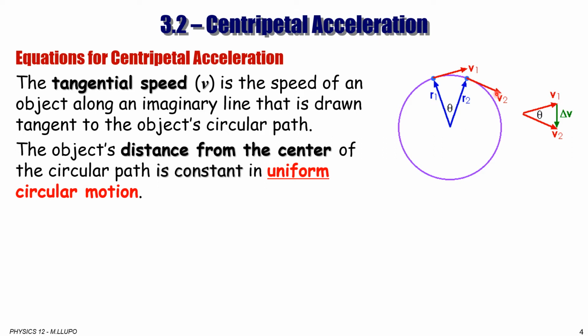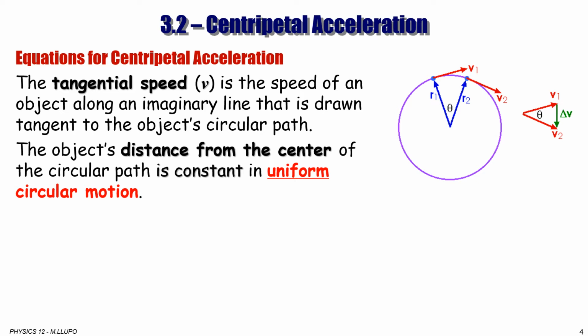Another thing that might make it easier for you is that velocity is perpendicular to a radius at that point, and it is perpendicular to the radius at any point on that circular motion. So at any point where the object is, the velocity of that object is perpendicular to the radius at that point and tangent to the circle at that point.